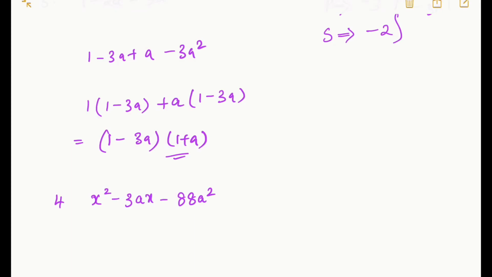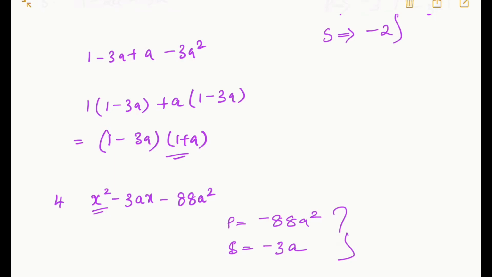So x square minus 3ax minus 88a square we have. The product is equal to minus 88a square, and I am considering x as the linear term. Then the sum is equal to minus 3a. So how do we solve it?